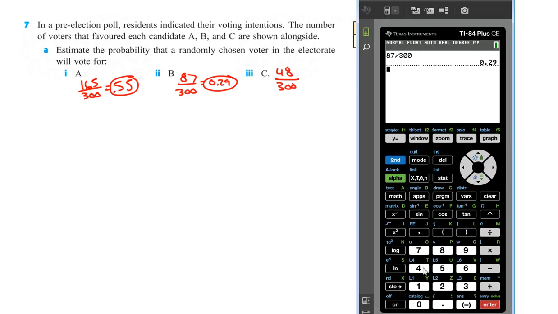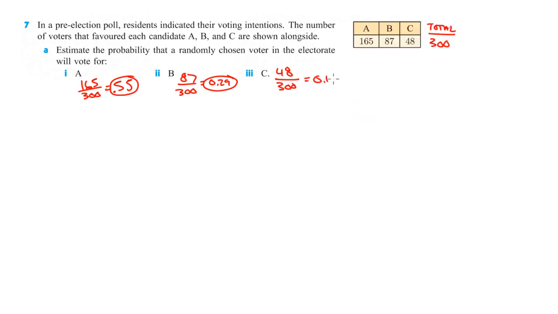So we could actually take 55 and 29, add those up, and subtract from 100, or we can just do 48 divided by 300, and that will give us 0.16. So that would mean 16% of the time.